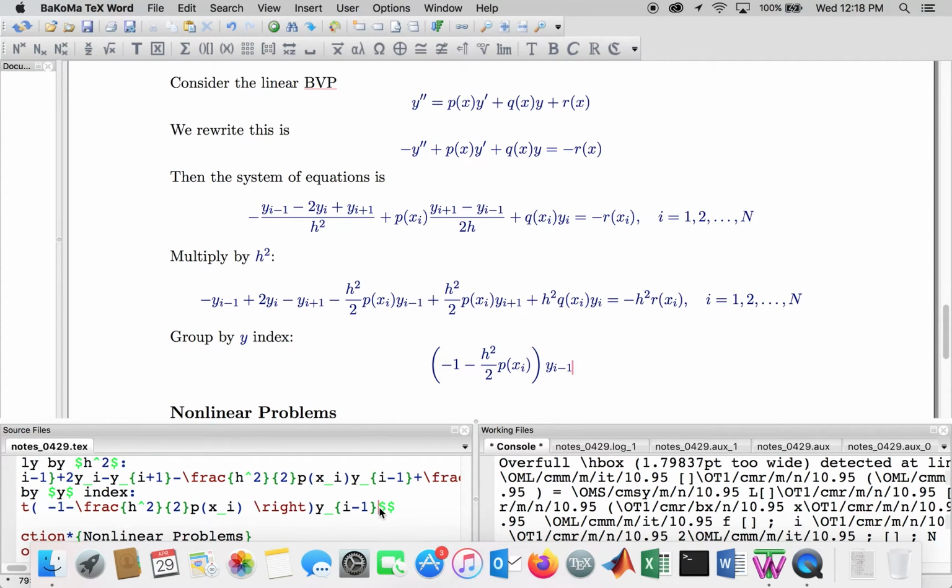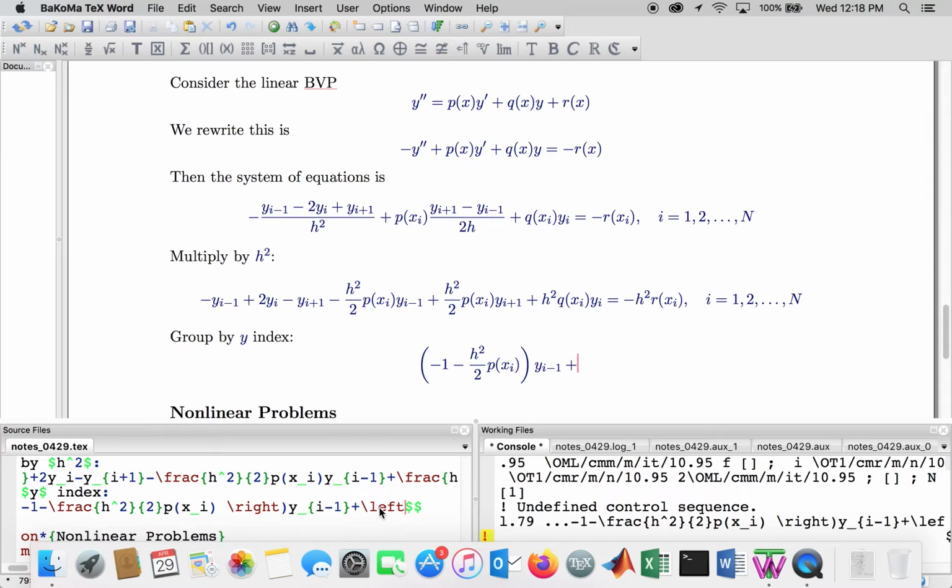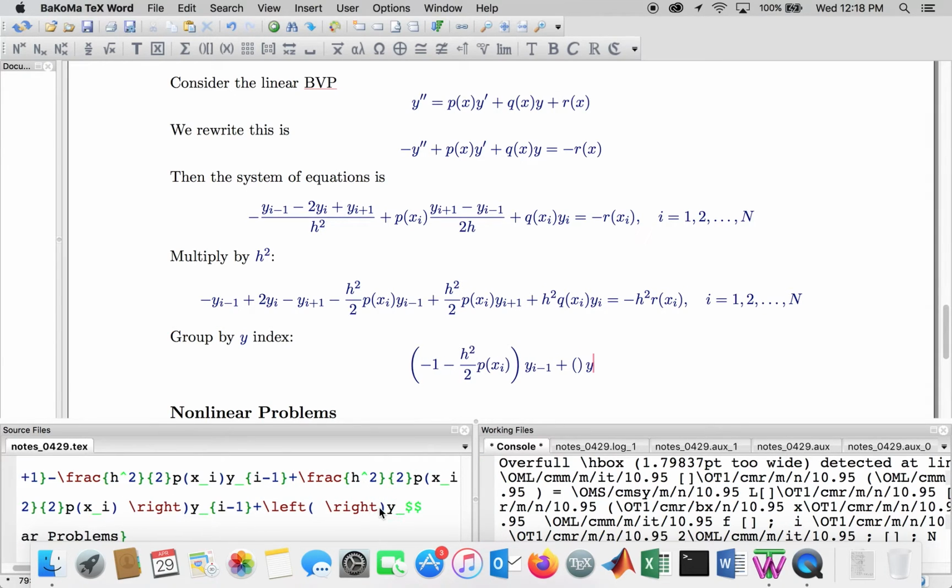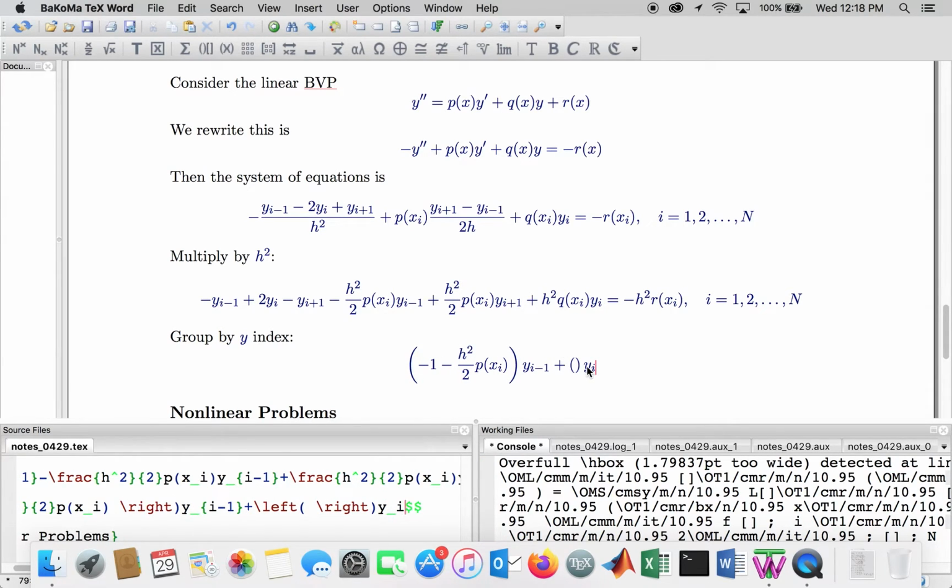And then what is multiplying y i? Well, I have a 2 right here. Nothing here, nothing here. And over here I have plus h squared q.